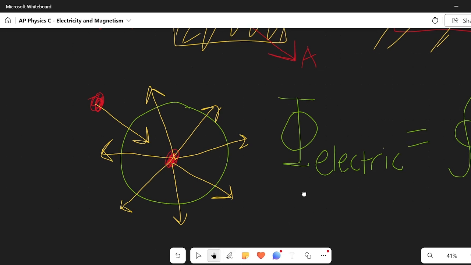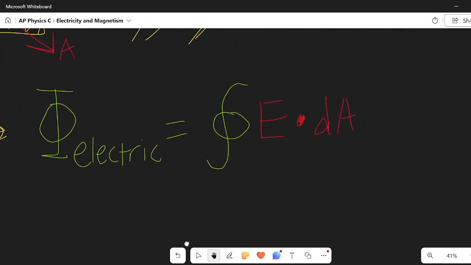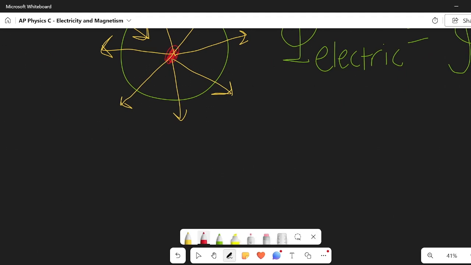With Gauss's law, we're going to be taking our closed surface integral, or our formula for electric flux, E dot the small dA vector, and then we're going to be equating it to something, which will allow us to somehow calculate the electric fields easier.